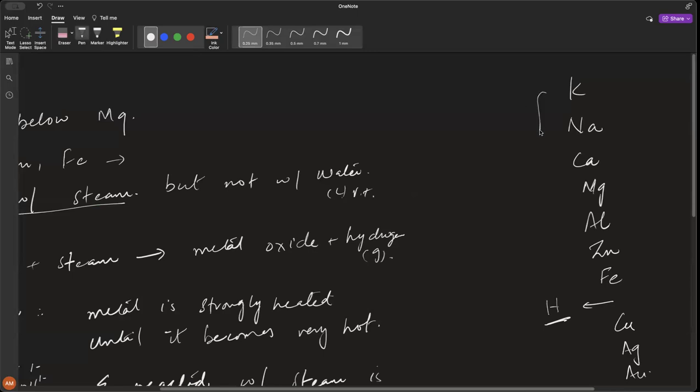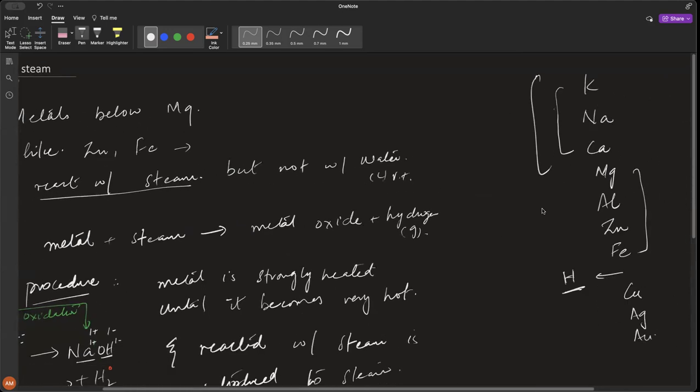All of these elements, the top ones, are very reactive. They immediately reduce the hydrogen in water into hydrogen gas. But these others are a bit less reactive. Why? Because they are getting closer to hydrogen, so the difference between their reactivity is reducing. The very reactive ones are able to react with cold water at room temperature.